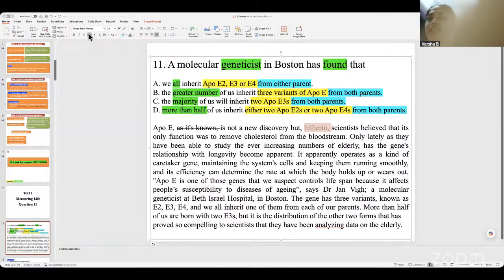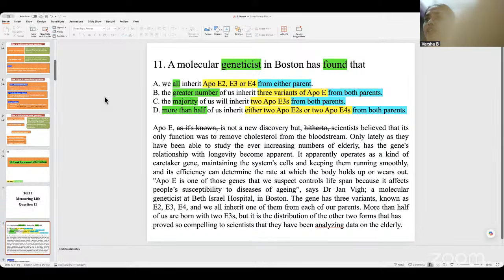Only lately, as they have been able to study the ever-increasing numbers of elderly, has the gene's relationship with longevity become apparent. It apparently operates as a kind of caretaker gene, maintaining the system cells, keeping them running smoothly, and its efficiency can determine the rate at which the body holds up or wears out.